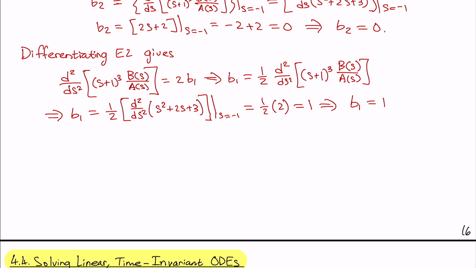Okay, so thus our F(s) is then equal to 2 divided by (s+1)^3 plus 1/(s+1).